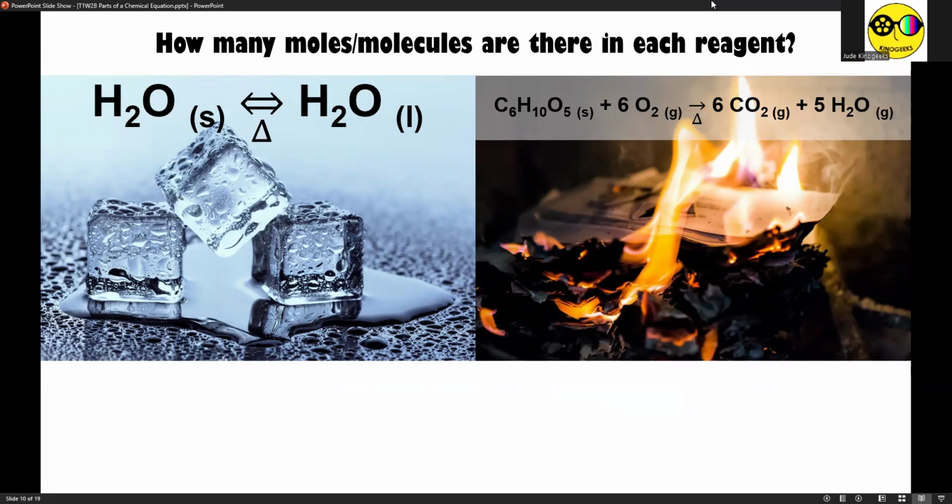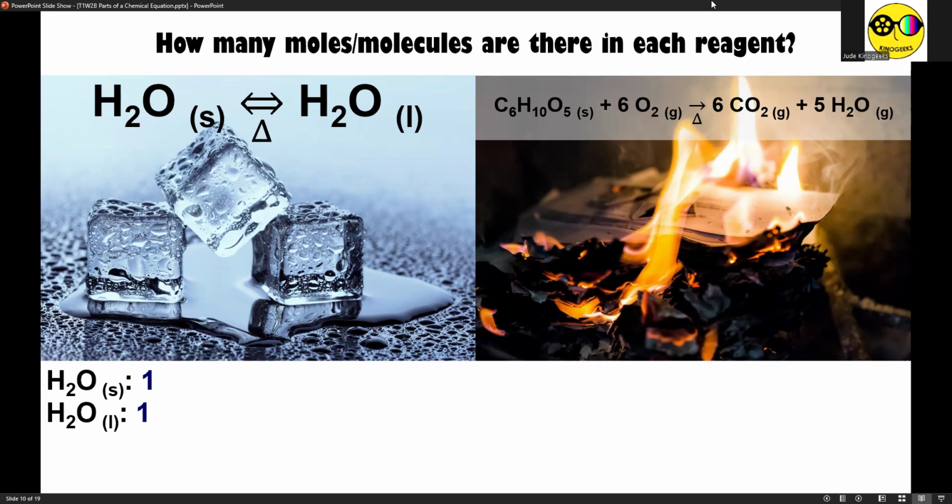Let's start with melting of ice first. This one is a bit tricky because you don't see any numbers beside H2O(s) as well as H2O(l). If there are no direct or explicit numbers to the left of the reagent, then automatically the coefficient is number 1. So you have 1 mole of solid H2O and 1 mole of liquid H2O as well for melting of ice.